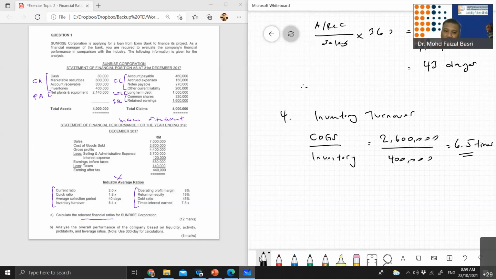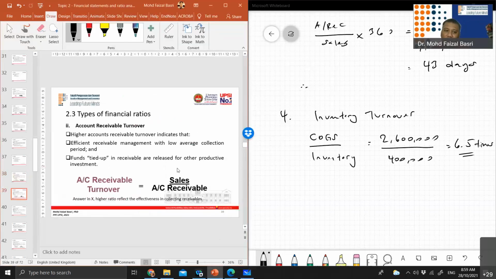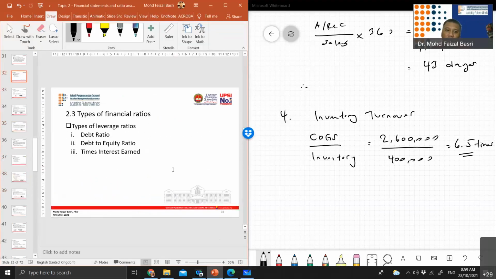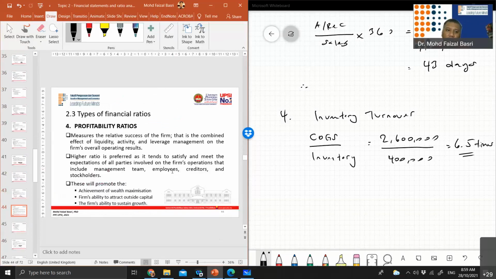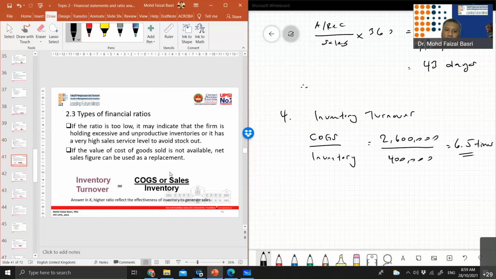Okay, so again, go to the comment kat bawah ni. Okay, it shows they have worse effectiveness of using inventory to generate sales.